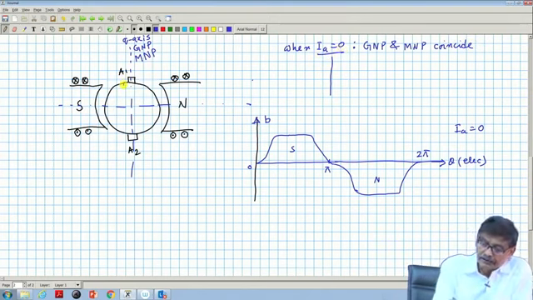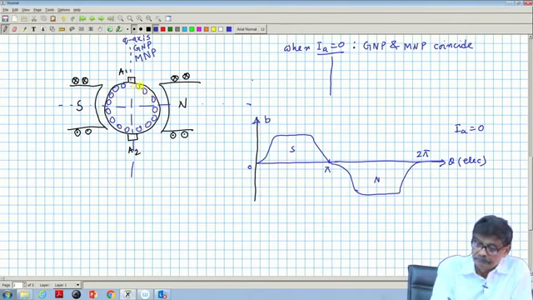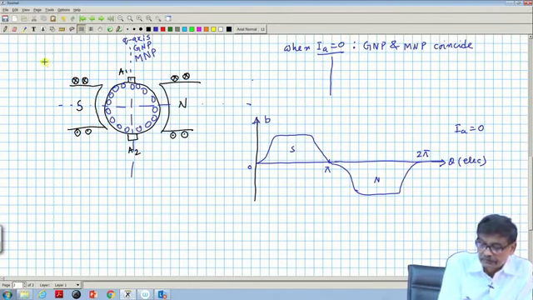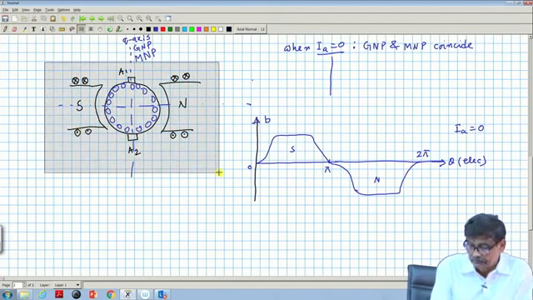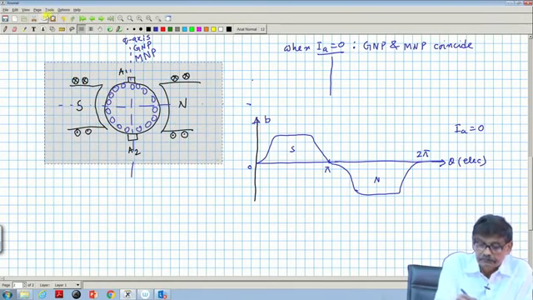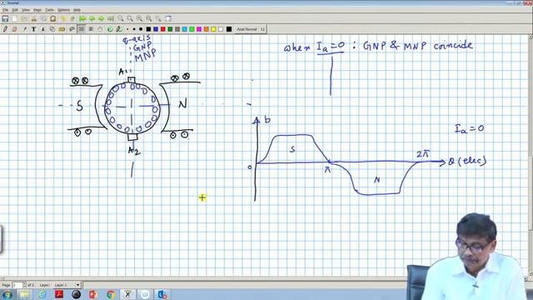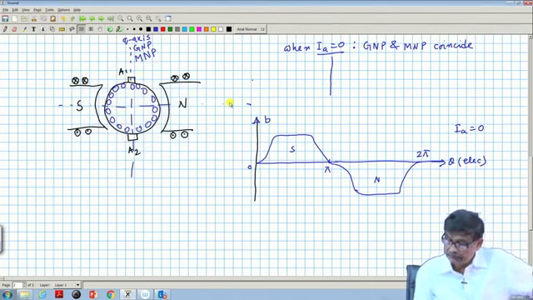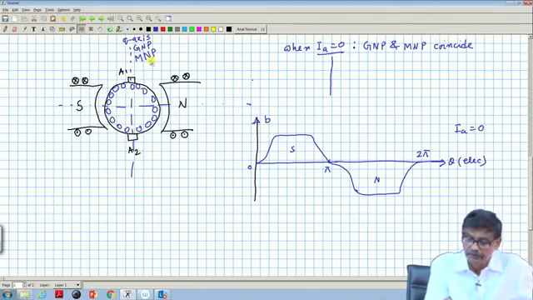Now, there are conductors as I drew earlier, and once again let me keep a copy of this, otherwise I have to draw often. Now, GNP and MNP coincide when I A is equal to 0.